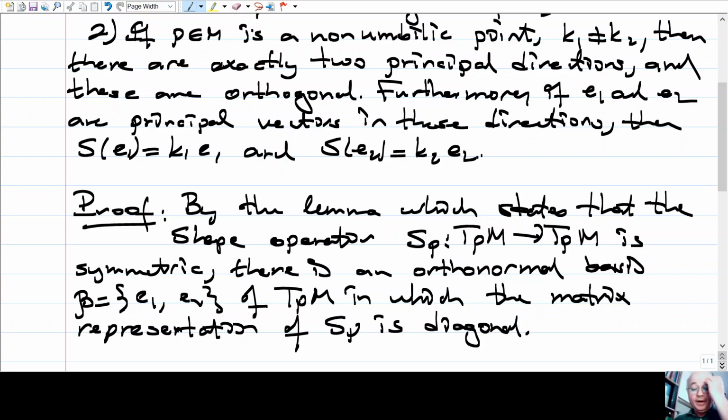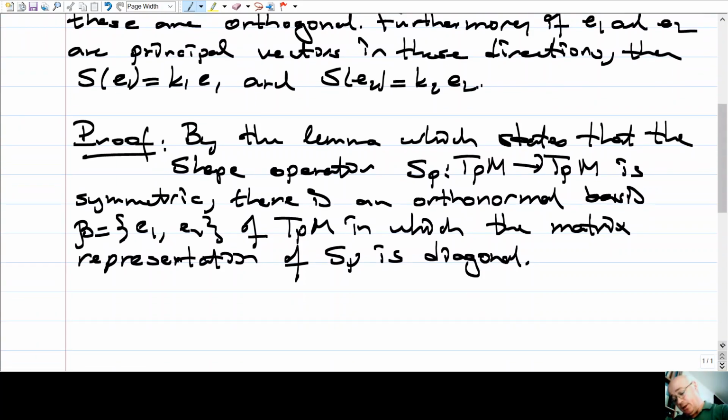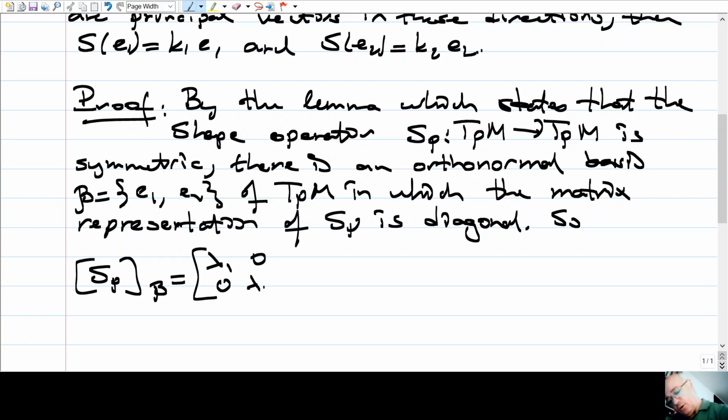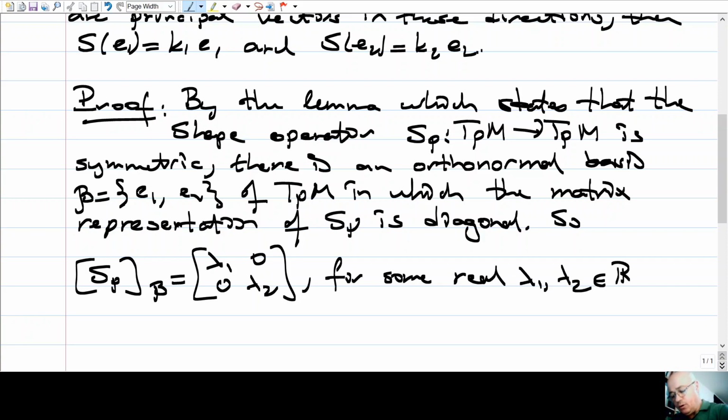Any symmetric operator is diagonalizable, and indeed you can find an orthonormal basis in which it is diagonal. So in this basis, the shape operator is diagonal, so it has this form for some real eigenvalues lambda 1, lambda 2.